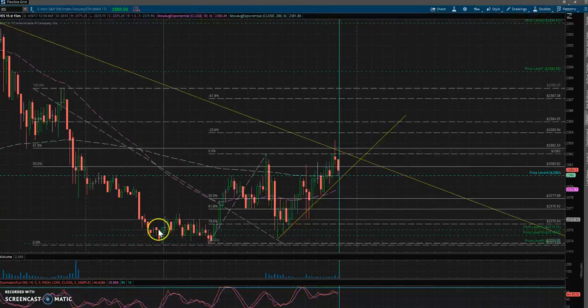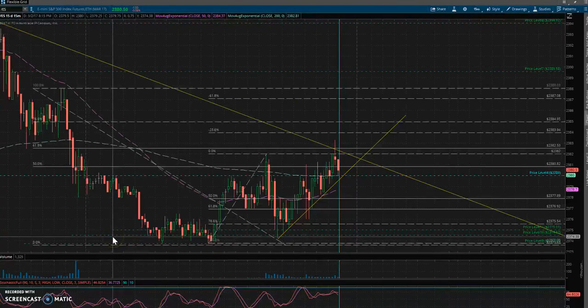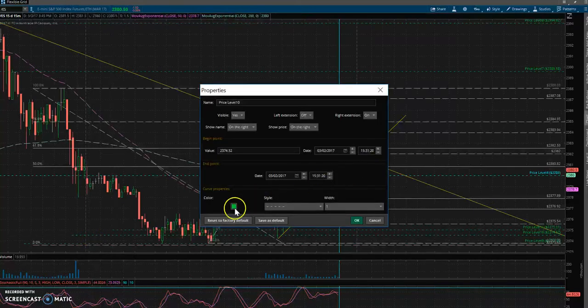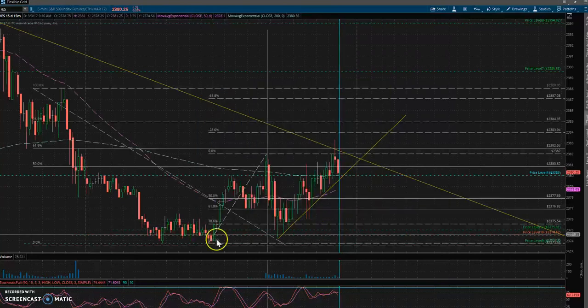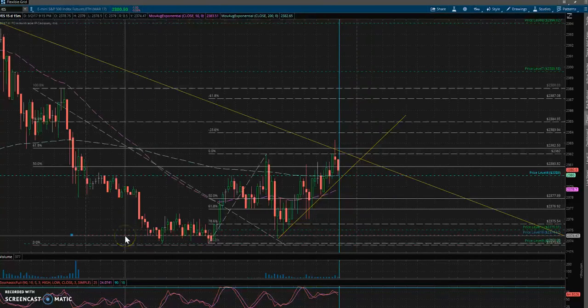Let's change this to a red so that we identify where our stop should be. Okay, so with Nadex you have to have a mental stop. So I have my mental stop here. Actually, I believe it was this one, but regardless.